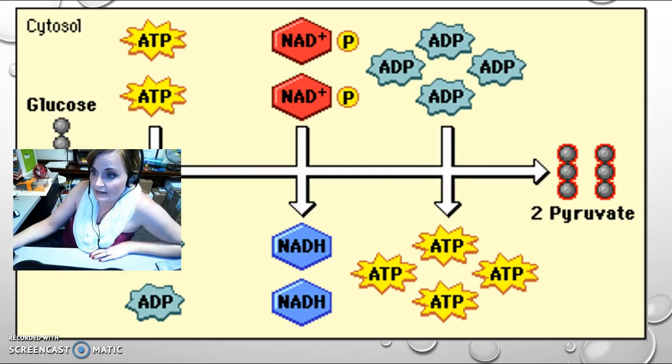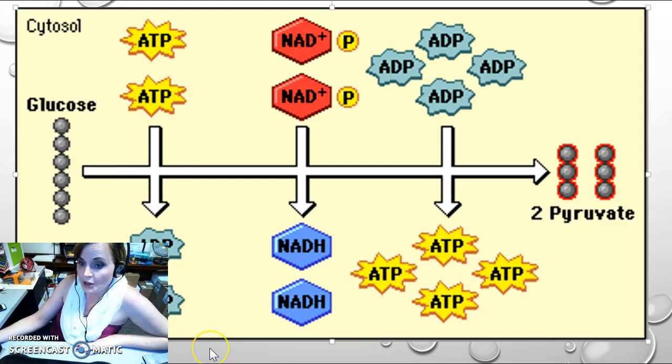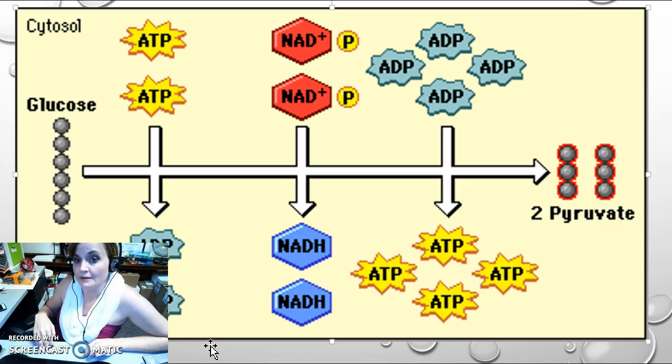Now, boy, does this look complicated here, but I'm trying to make it as easy as possible for you. Believe it or not, when I came up with these pictures, I looked for a simple diagram, in this case of glycolysis. So this is a much simpler version than I could have come up with.